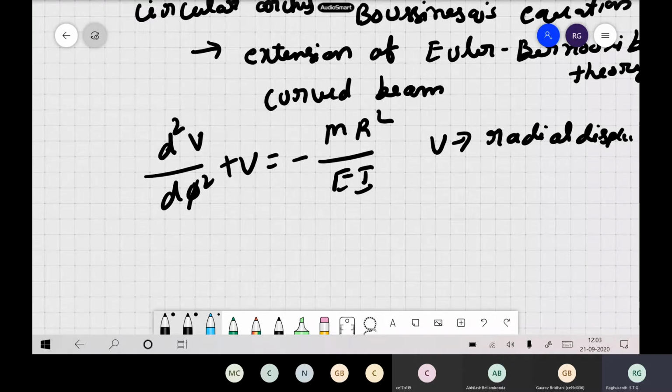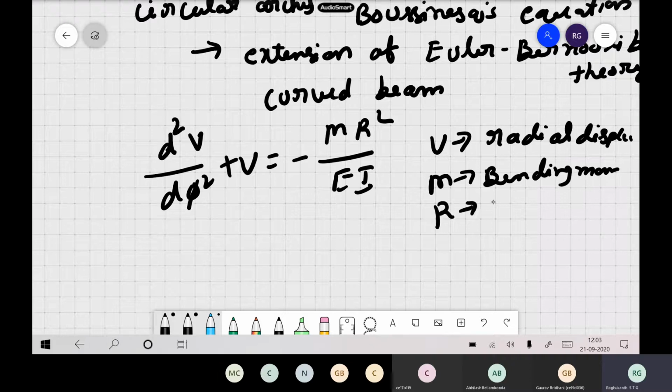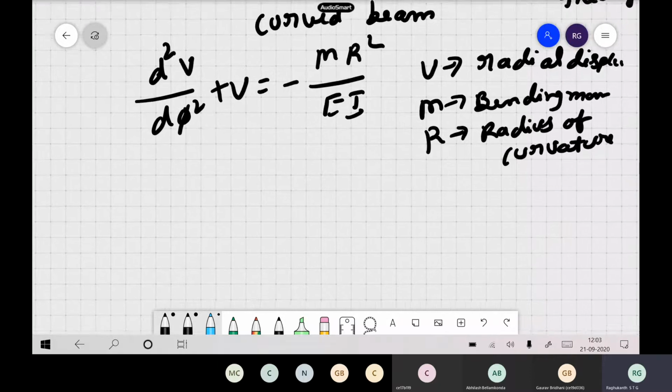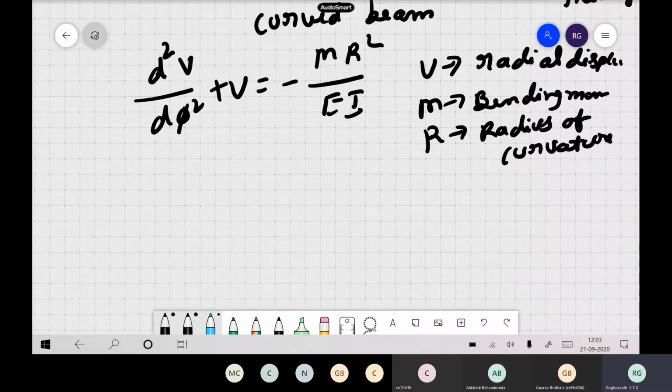Some textbooks use W for representation; you can use whatever you like. M is the bending moment, and R is our radius of curvature. This is the simplest equation you can write for a circular arch.